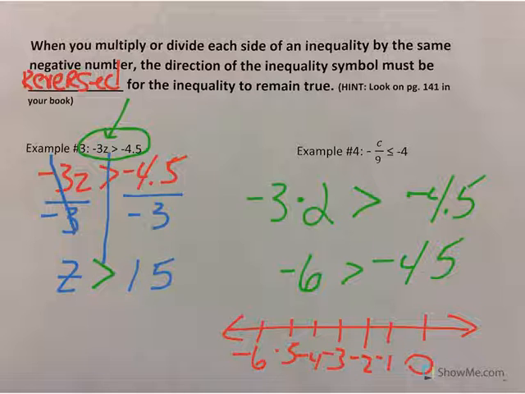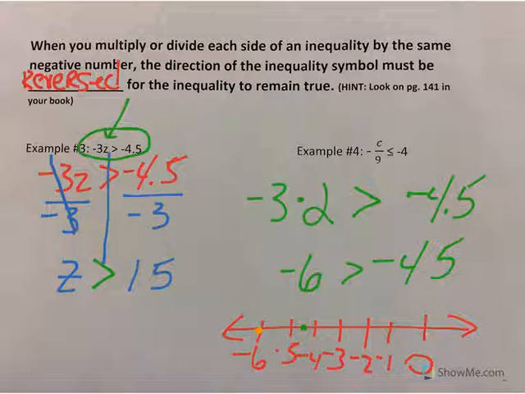So here's negative 4.5, right there, and negative 6 would be right there. So the green dot representing negative 4.5 is on the right of the orange dot at negative 6. That means it's larger, so it's a false statement.